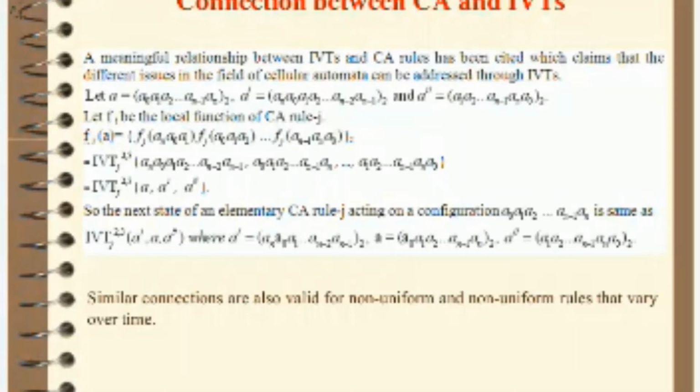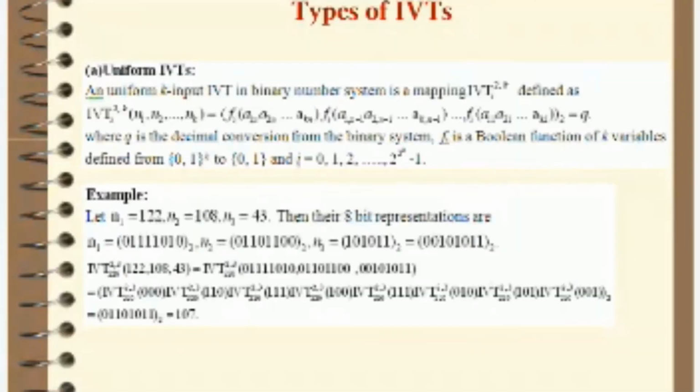So we can say in this way, the next state of an elementary CA rule J acting on a configuration A0, A1, A2 up to An is the same as IVT 2,3,J on A dash, A, A double dash. Similar connections are also valid for non-uniform rules and non-uniform rules that vary over time. In this slide, we have given the different types of CA.